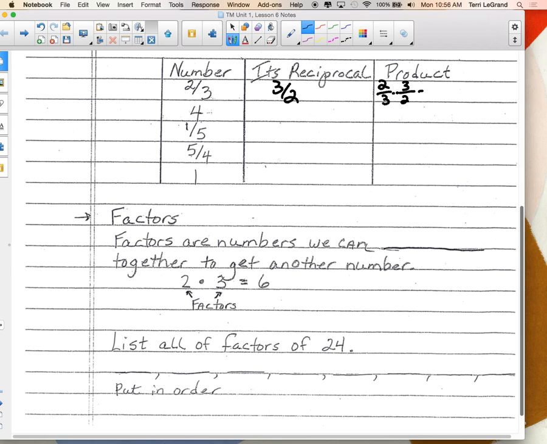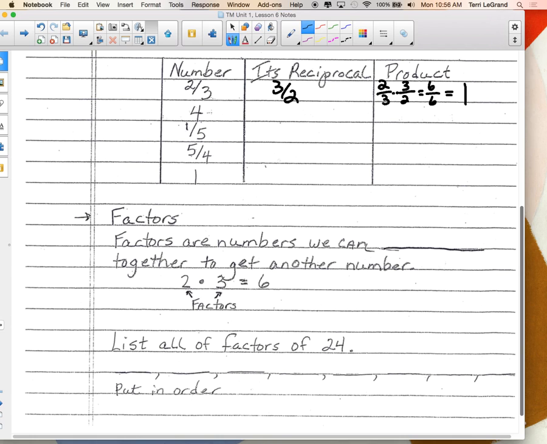This time, let's just do the first method of multiplying, where we multiply first and then we simplify. 2 times 3 upstairs, 6. 3 times 2 downstairs, 6. Well, what's 6/6? 1. We get a product of 1. So they are reciprocals of each other.